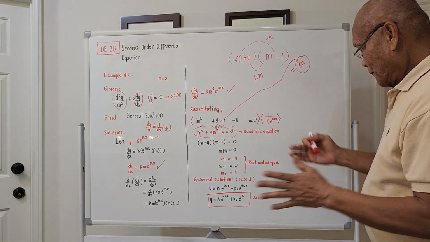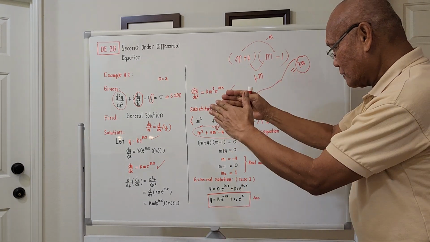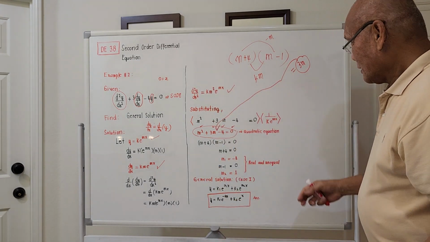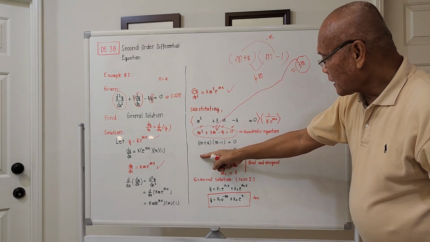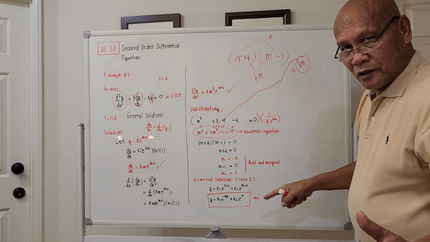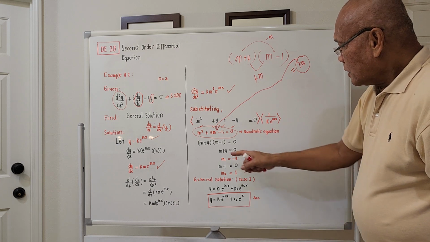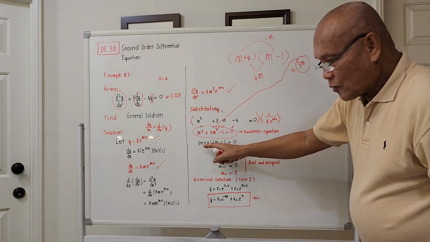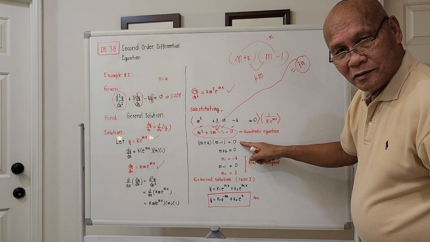So the factors of the resulting quadratic equation by inspection are the quantity m plus 4 times the quantity m minus 1 equal to 0. Under the rules of algebra, to compute the roots, take each factor and equate it to 0.